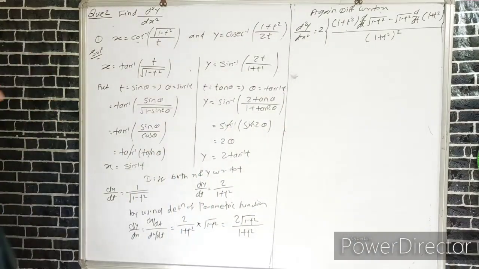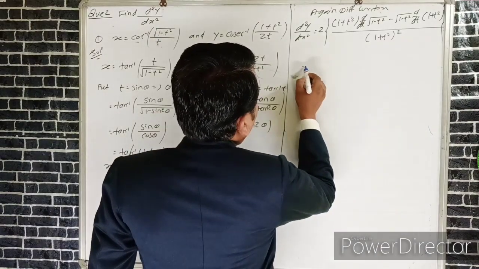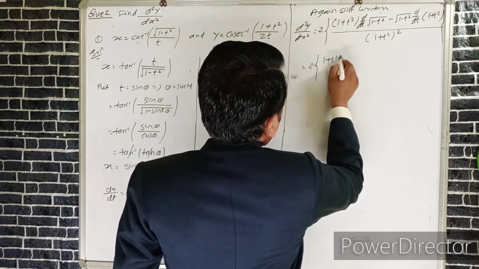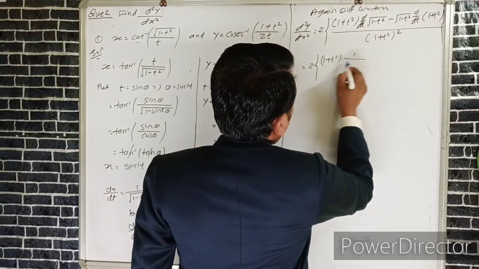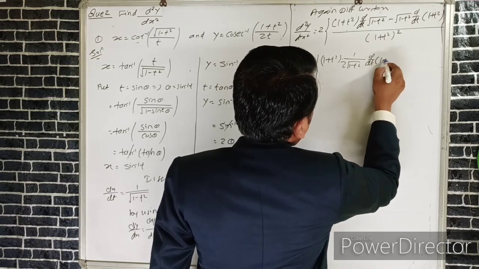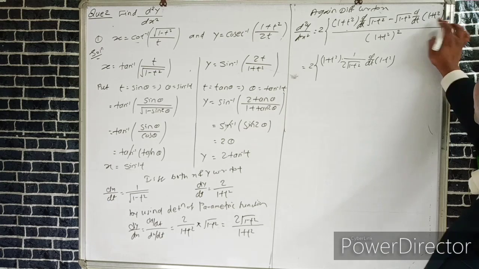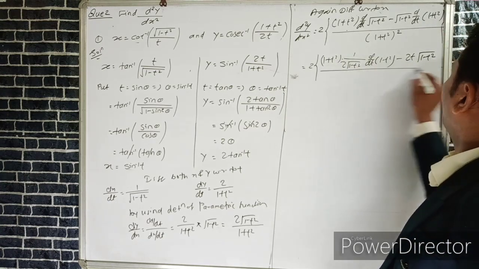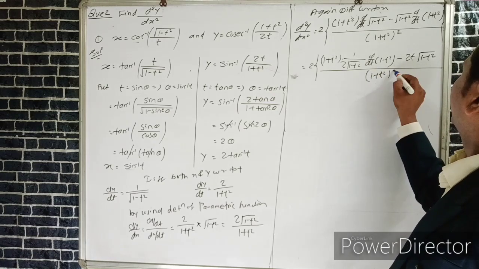Now, the given function is d2y upon dx square. Here similarly we can write 2 into 1 plus t square, and the derivative of under root of 1 minus t square is 1 upon 2 under root of 1 minus t square, and we take again the derivative of 1 minus t square. Here the derivative of 1 is 0, and the derivative of t square is 2t. We can write minus 2t into under root of 1 minus t square upon 1 plus t square whole square.